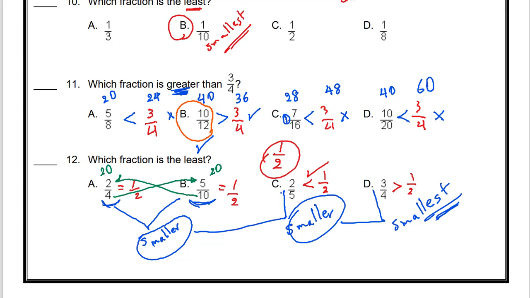So these two are equal. In this case, which one is smaller? They are equal, so we can choose any of them. What about using 5/10 with 2/5? Compare these two.